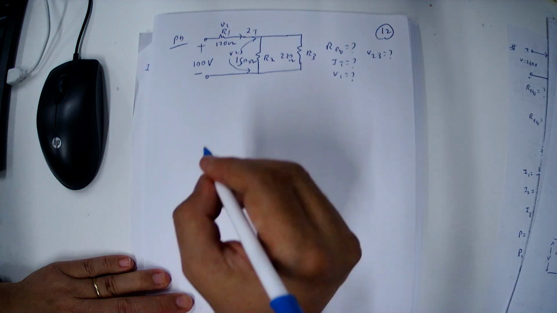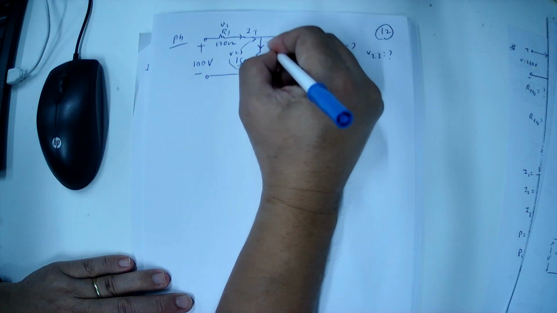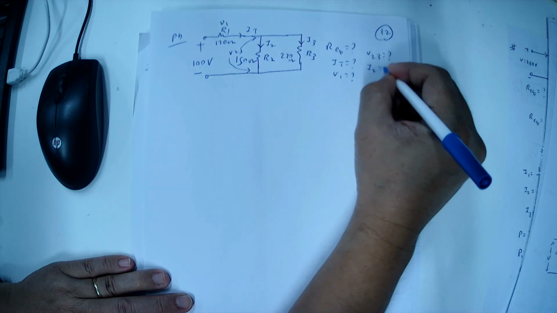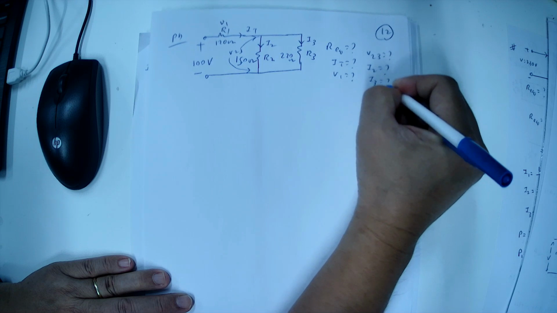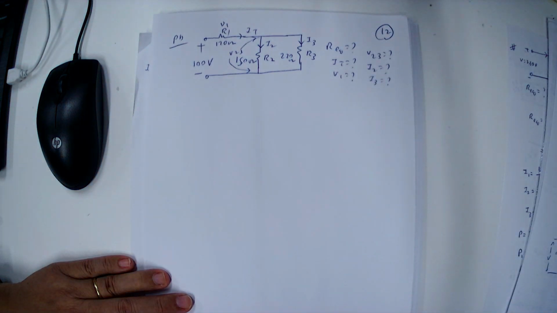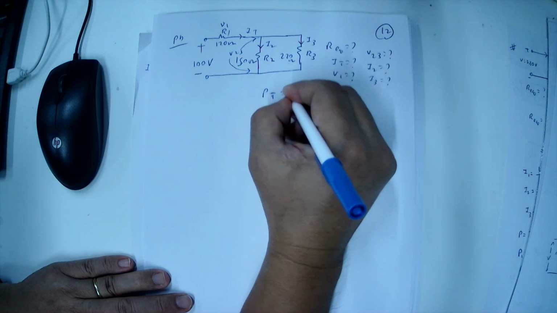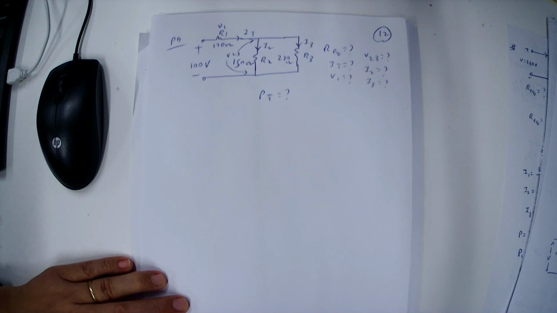We need to calculate the current in R2 and also the current in R3. Those need to be calculated, and also the total power. Those have to be calculated.